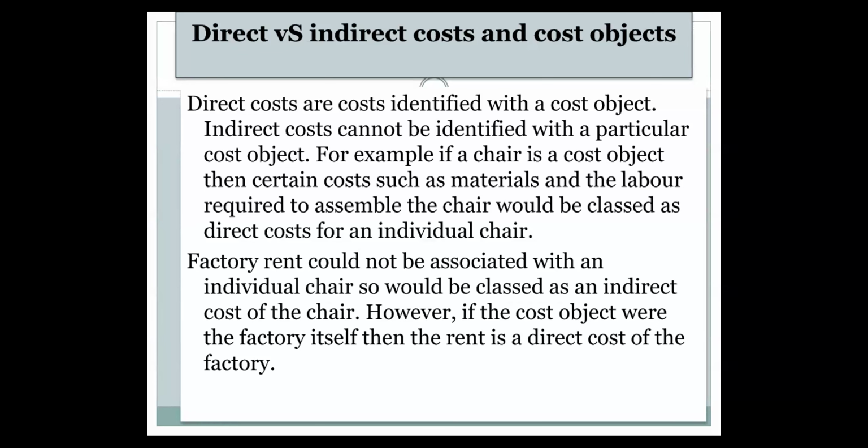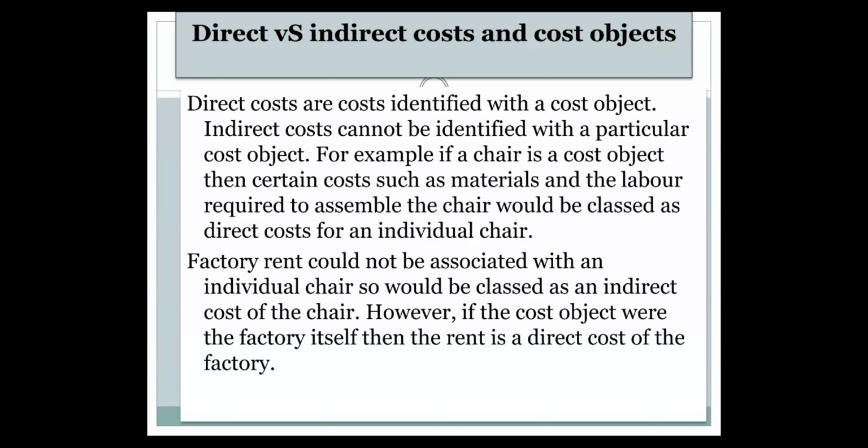But there are some indirect costs that cannot be identified with a particular cost object. For example, if a chair is a cost object, then certain costs such as material and labor required to assemble the chair would be classified as direct cost for an individual chair. But factory rent could not be associated with an individual chair.